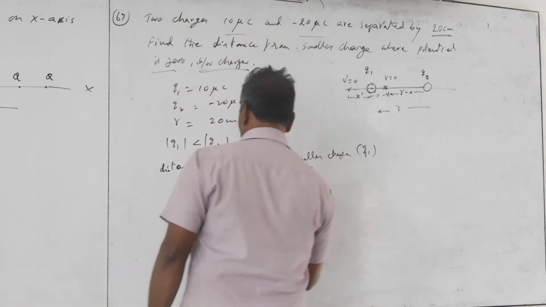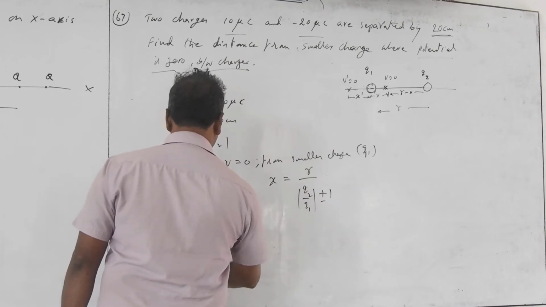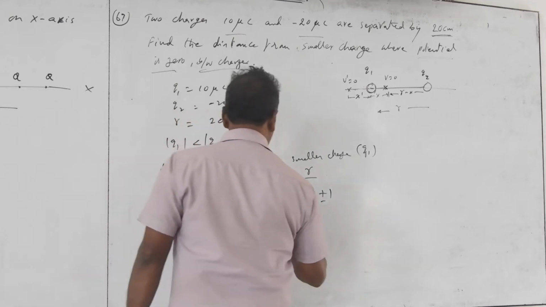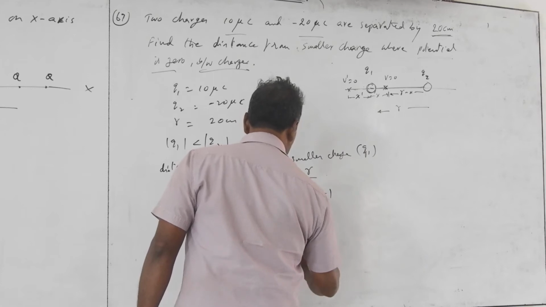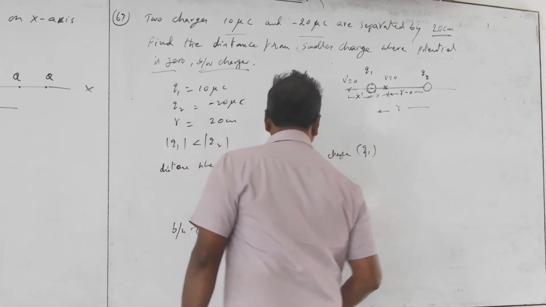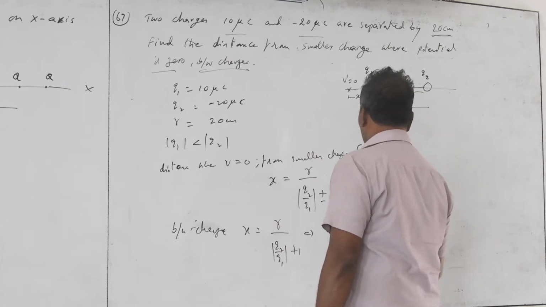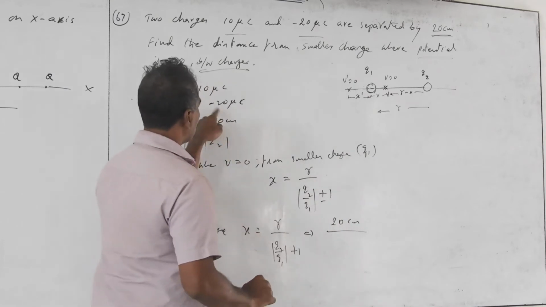Okay, between charges: x equal to R by (Q2 by Q1 plus 1), where R is 20 centimeters. Units as it is unique. For Q2 by Q1, compulsorily take the magnitude, don't take the minus sign of Q2.